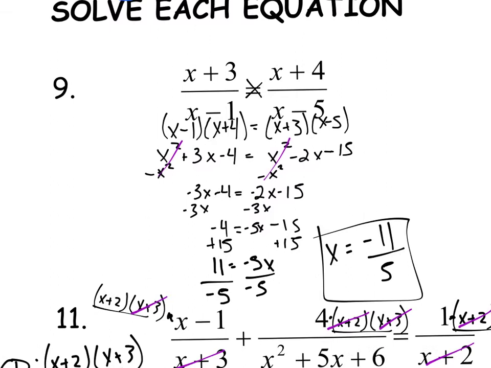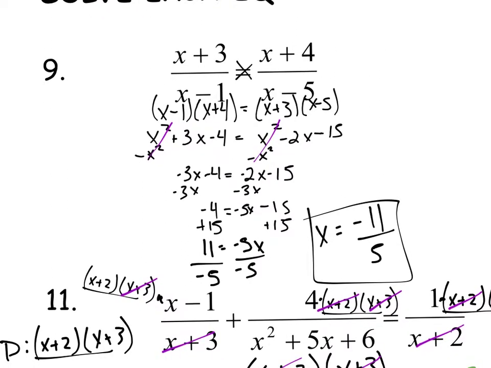Alright, number 9. So, I went ahead and I cross-multiplied. So, because I have one proportion and one proportion. So I have x minus 1 times x plus 4. Going this way, we've got x plus 3 times x minus 5.